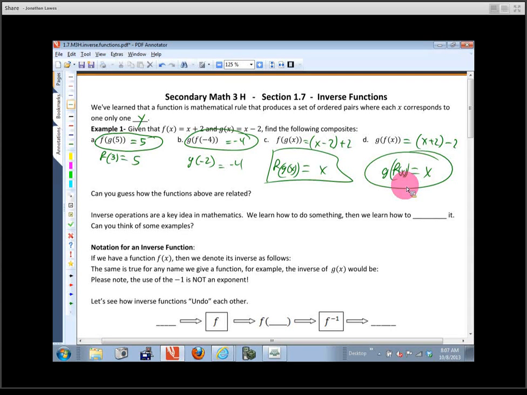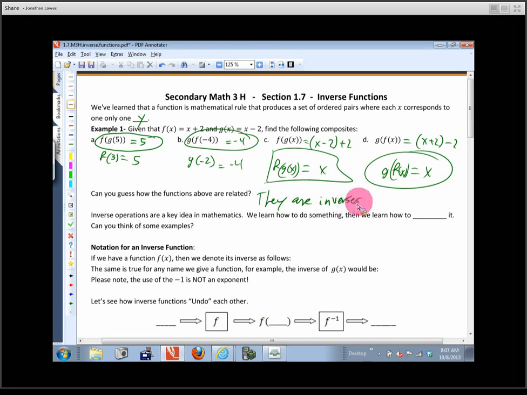Could we take a guess at how they're related, especially since the name of this section is inverse functions? They are inverses of each other.